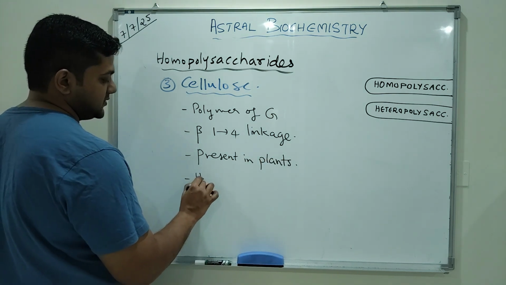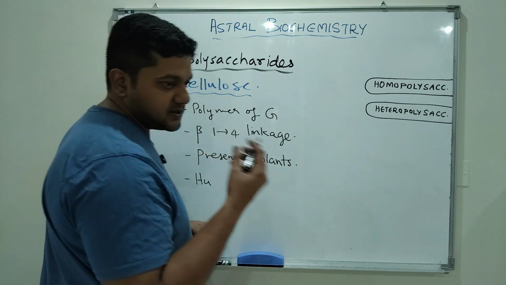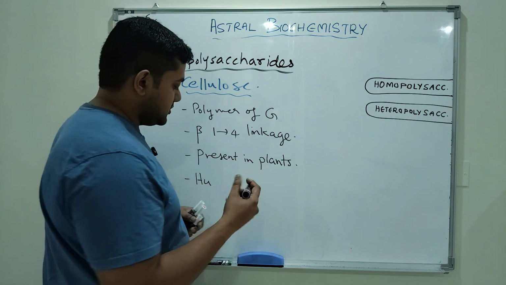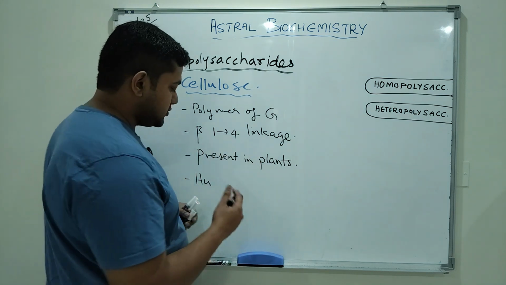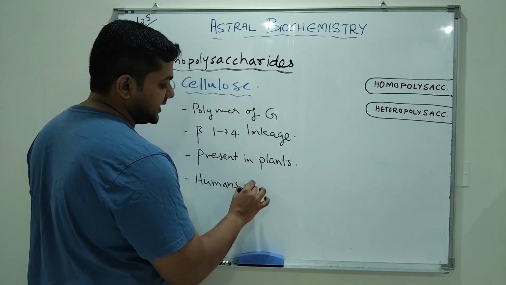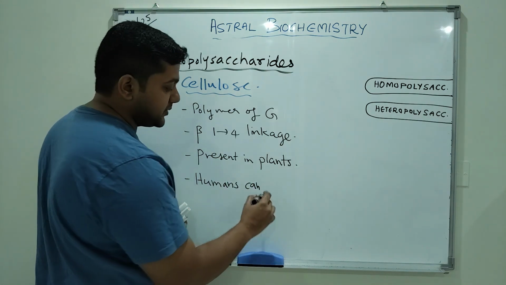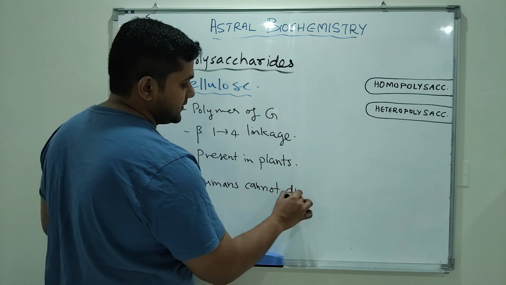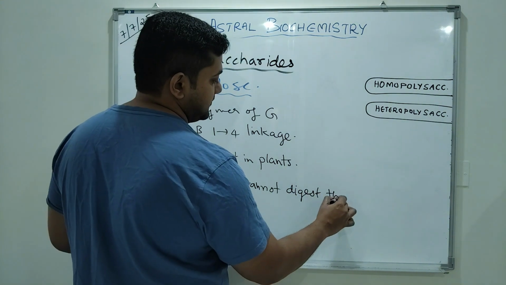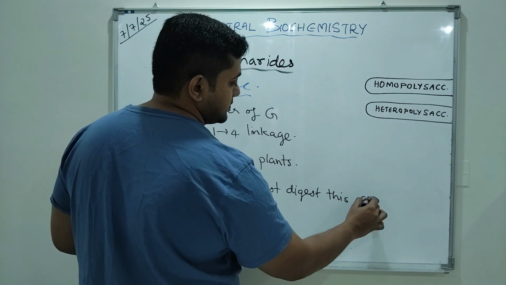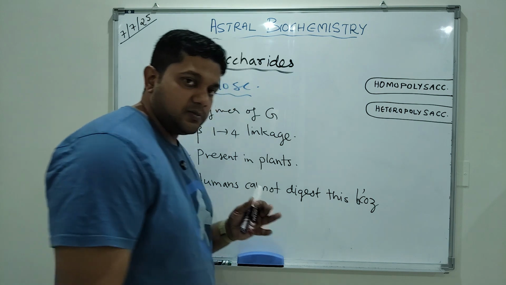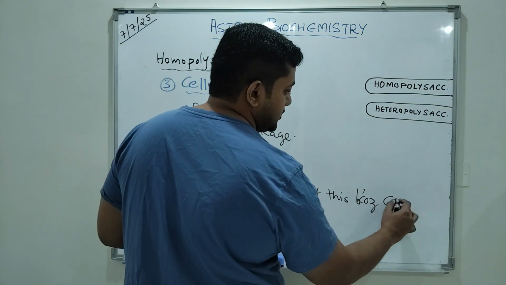Humans cannot digest this. When you eat vegetarian food or plant parts, humans cannot digest the cellulose contained in them. Why? Because of what enzyme that is not present in humans? We don't have cellulase.